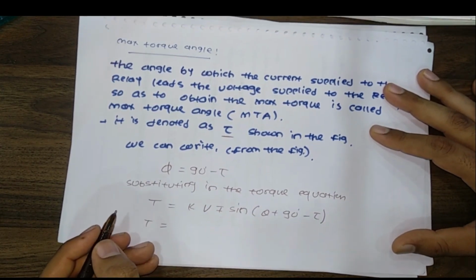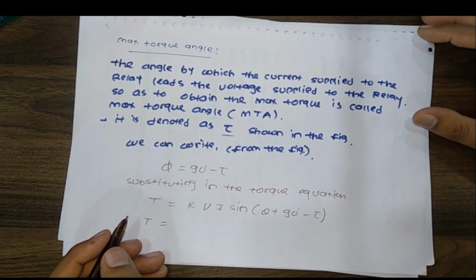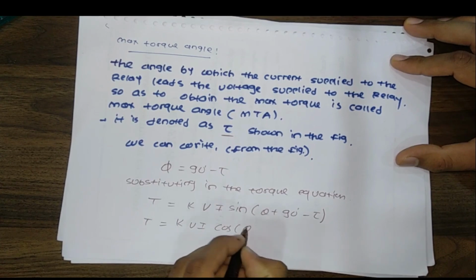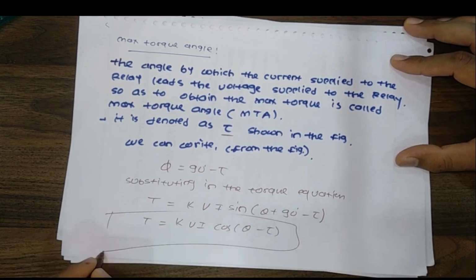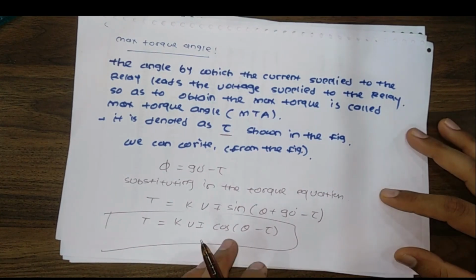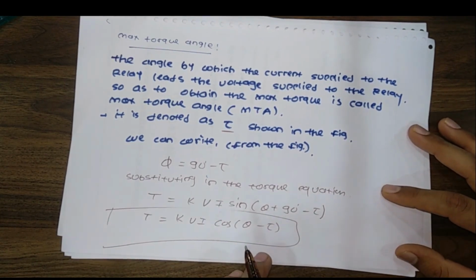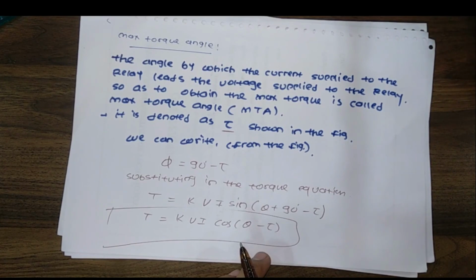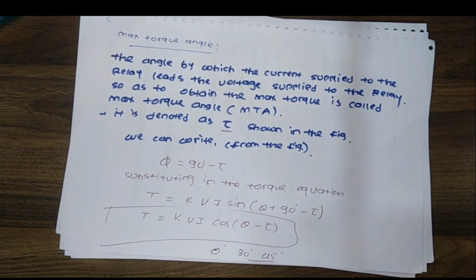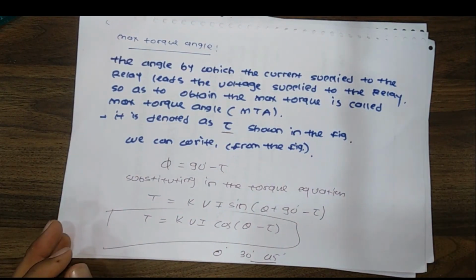So T is equal to K V I cos of theta minus tau. This is the torque equation in terms of the maximum torque angle tau, and the typical values of the maximum torque angle are 0 degrees, 30 degrees and 45 degrees, etc. Thank you.